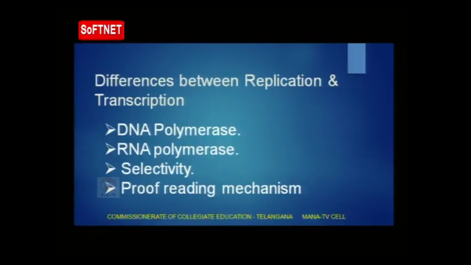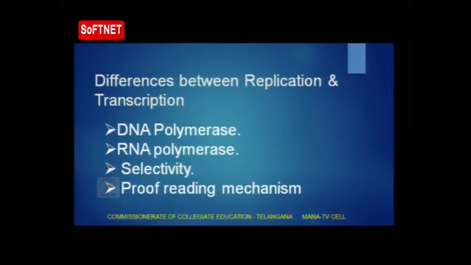So what are those differences? The replication is carried out by the enzyme DNA polymerases. We already mentioned that replication occurs with the help of DNA polymerase, specifically DNA polymerase 3. The remaining DNA polymerases, like DNA polymerase 1 and DNA polymerase 2, are involved in repair mechanisms and proofreading activities.